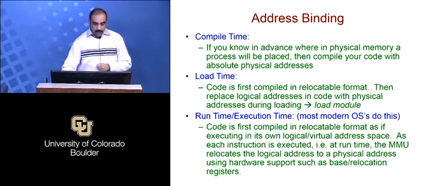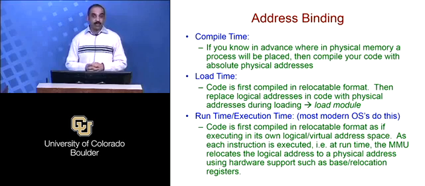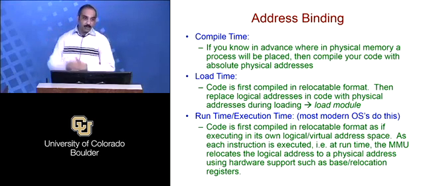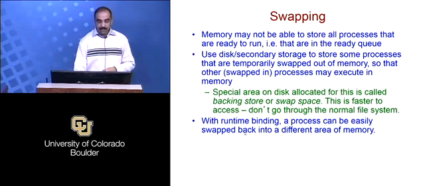Now, if you are using load time binding, that will not work, because with load time you have already translated your logical addresses to physical addresses the first time you loaded the program. So runtime binding allows you to do the swapping part.